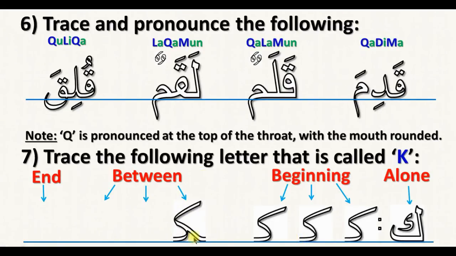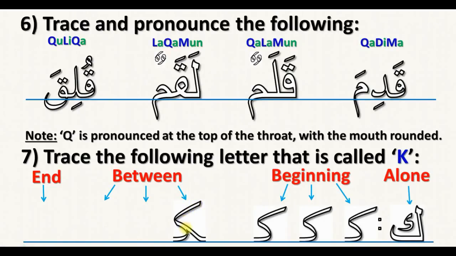This is how the letter K will appear in the middle of a word. That is, when it has to be joined to letters on both sides. From this side, it will be joined to the letter before it. So to begin writing the letter K, you start from here, and you go on up, and then you come until you arrive here.